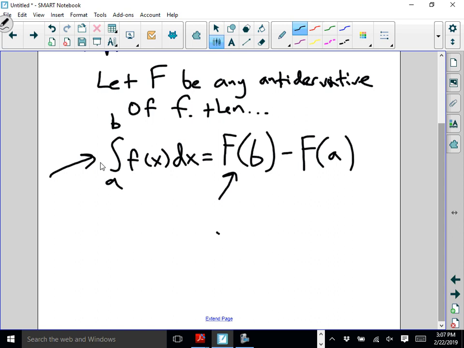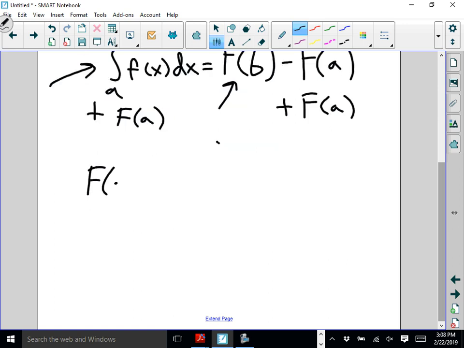I can do that by adding capital F of a to both sides, and what I get is capital F of a plus the integral from a to b of f of x dx equals capital F of b.